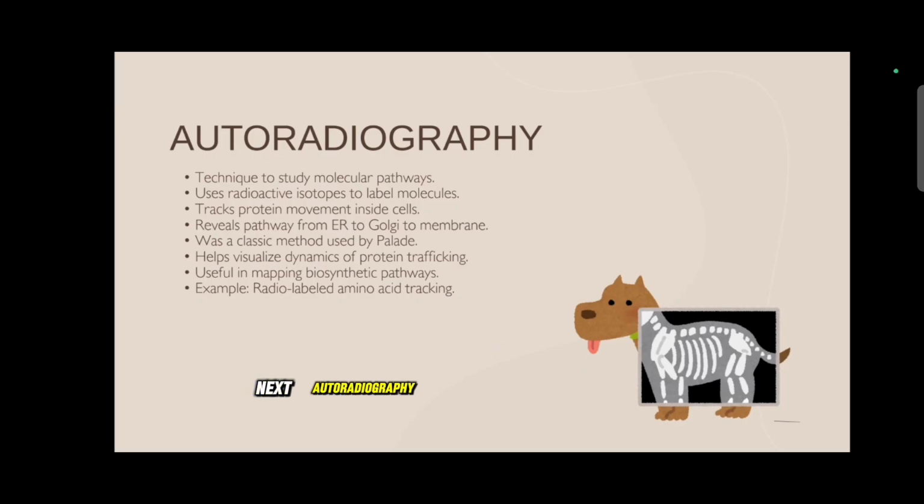Next, autoradiography. Autoradiography is a technique used to study molecular pathways by tracking molecules inside the cells. It uses radioactive isotopes to label the molecules, which allows for detection. This method tracks the movement of proteins within the cell, revealing pathways from the endoplasmic reticulum to the Golgi apparatus and then to the membrane.